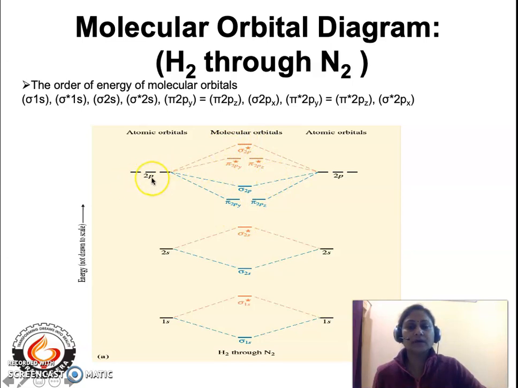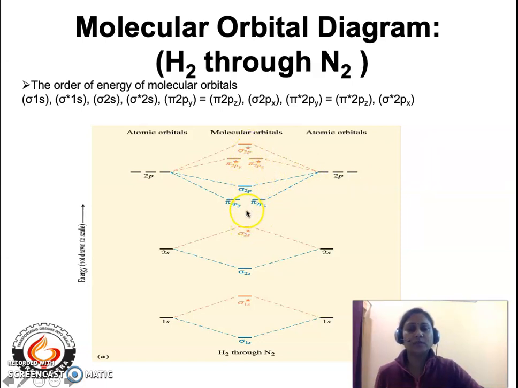The 2px atomic orbital overlaps with the 2px atomic orbital to give rise to sigma 2px and sigma star 2px. Similarly, the 2py overlaps with the 2py to give rise to the pi 2py and the pi star 2py molecular orbitals. And similarly, the 2pz atomic orbital overlaps with the 2pz atomic orbital to give rise to pi 2pz and pi star 2pz molecular orbitals.